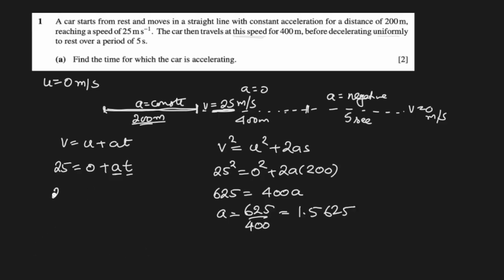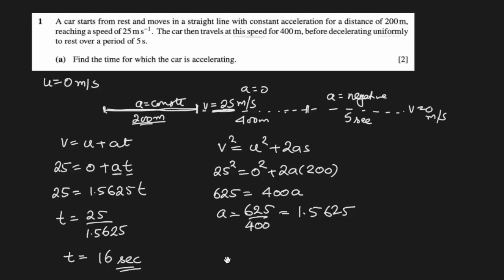And now we can use it here. 25 equal to 1.5625 T, and the time will be 25 divided by 1.5625. That comes out to be 16 seconds.